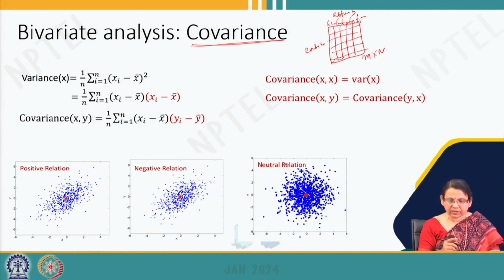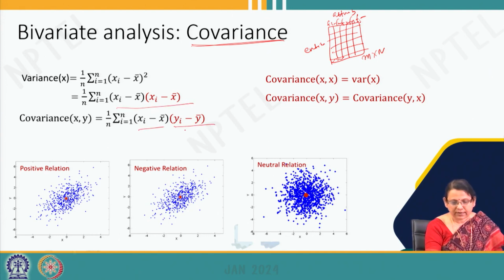If you remember the formula for variance, what did you do while finding the variance? It is the spread with respect to a single variable. So, the formula was like this. Now, you have another variable y, along with x.